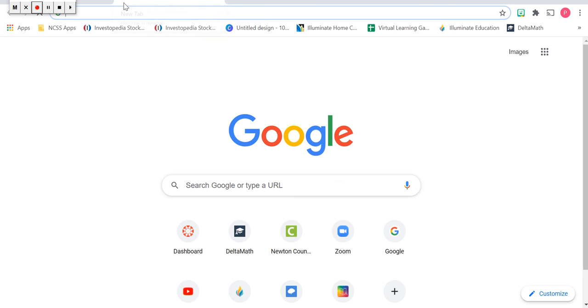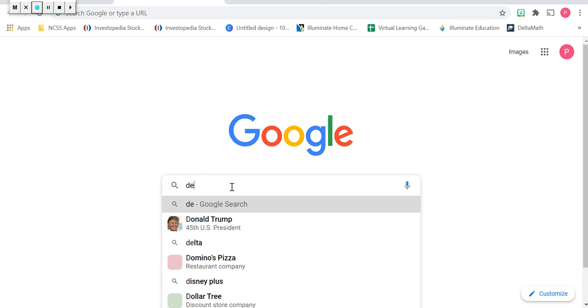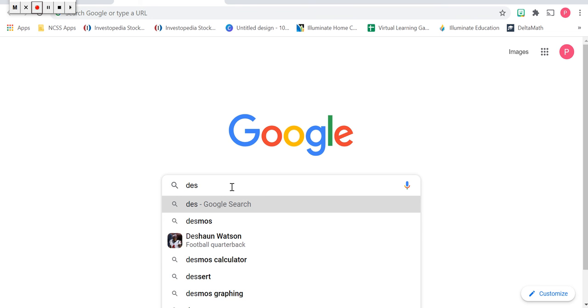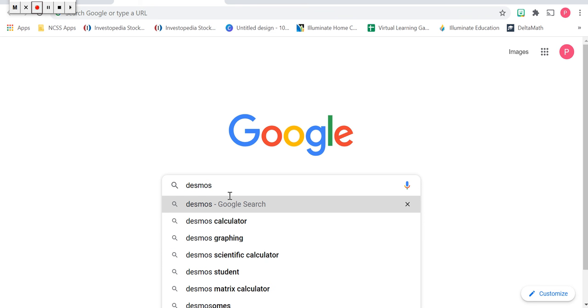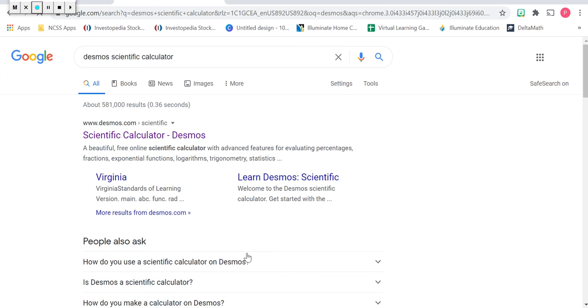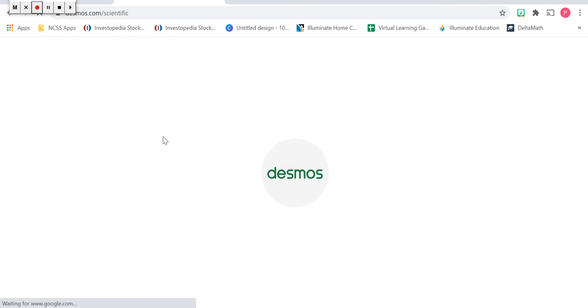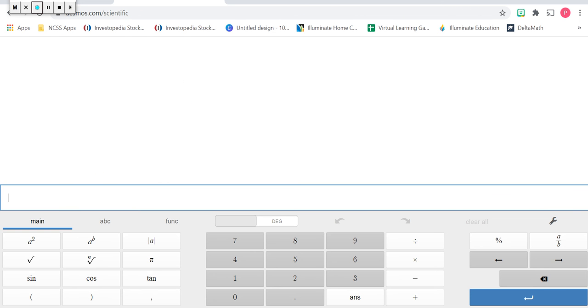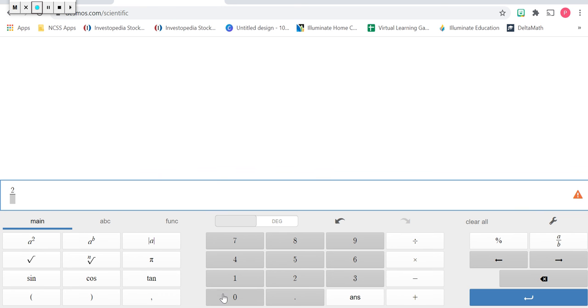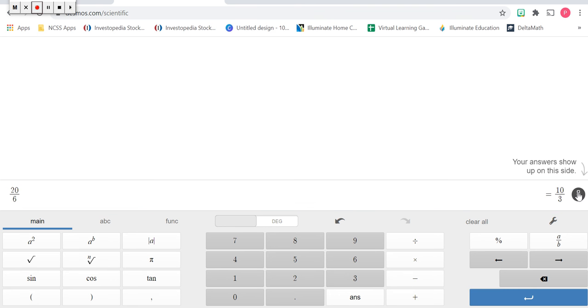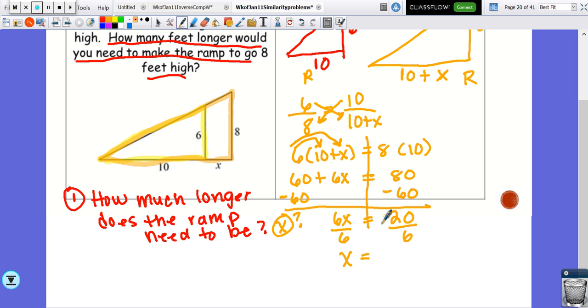So you can go to Google and type in scientific calculator, or you can just click on the button that I made on your PDF, and then you click here, and that number was 20 over 6, so you're going to push the fraction key, and then do 20 and 6, and we get 10 over 3. Or if you can reduce fractions on your own, you know this both divides by 2, so we get 10 over 3.